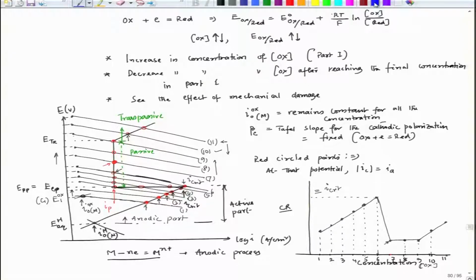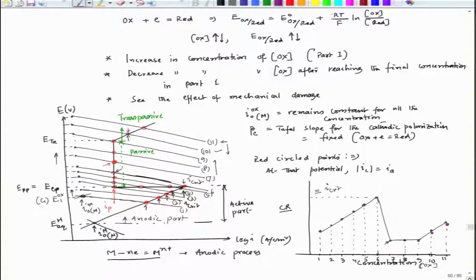In that case, the point 11 I am just drawing just below this particular line. So, this is 11. It will be here. If I do it with this color, this will be here, and then 10 will be similar to this, it will be here.